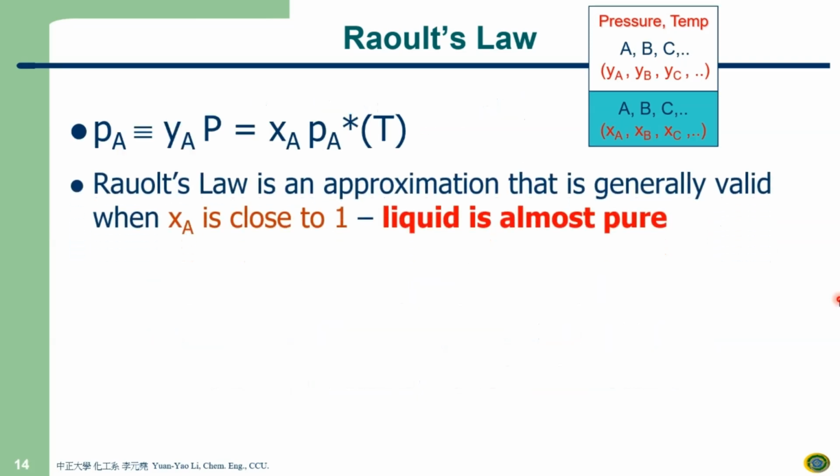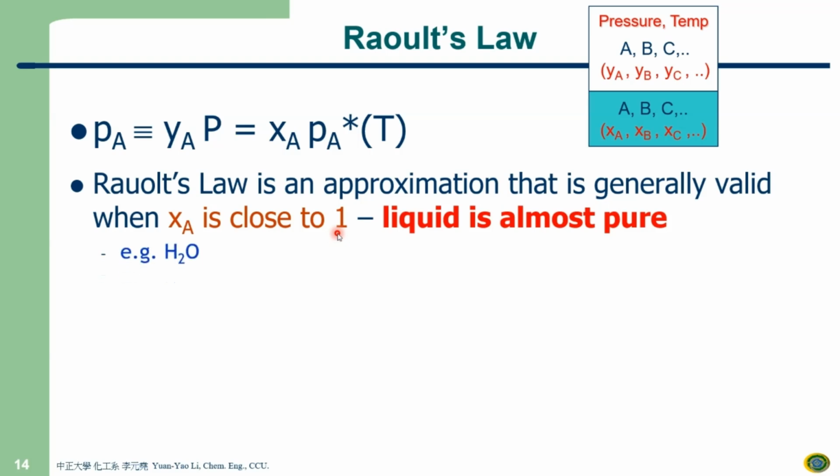Raoult's law is generally valid when Xi is close to 1, meaning the liquid is almost pure. For example, you have 3, 4, 5 species, and if there's only one condensable component, which is H2O, then of course Xi will always be close to 1. So this kind of species is always easy to condense. That's why we use Raoult's law.